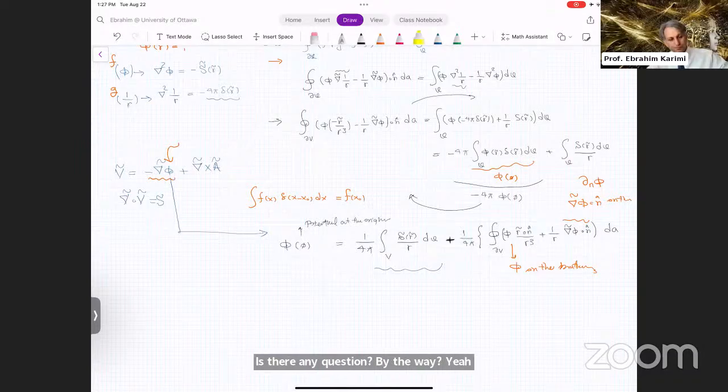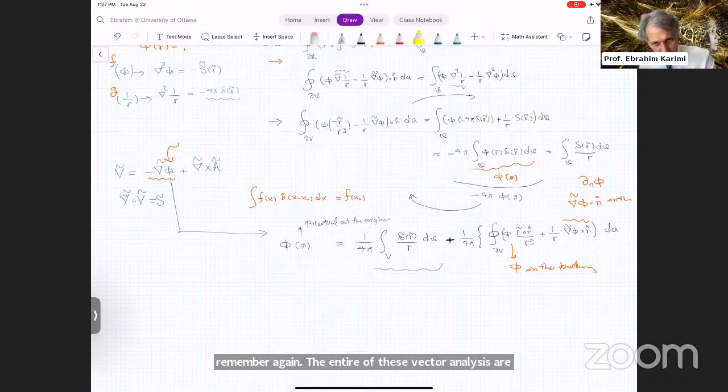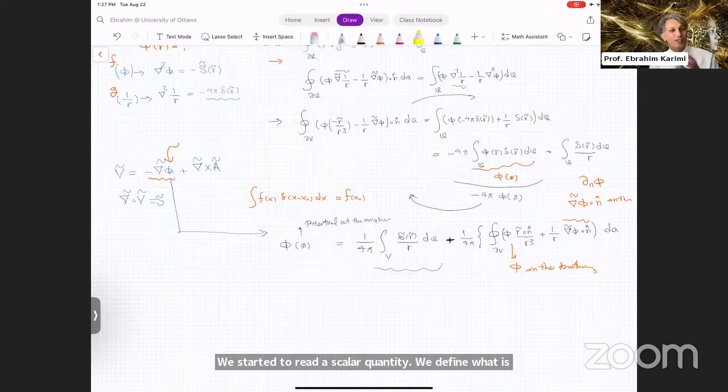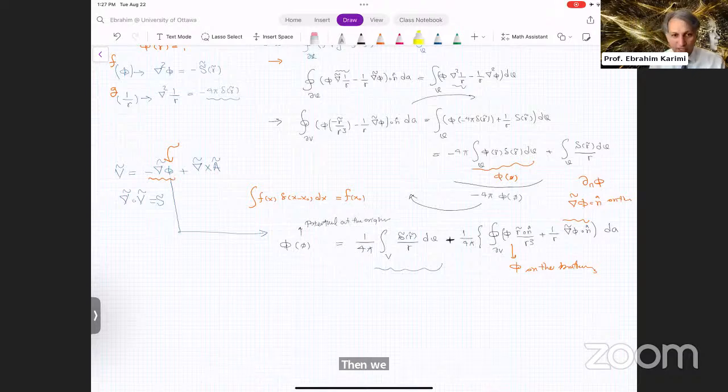Lovely. So now we have completed the vector analysis, and remember again, all of this vector analysis is very, very important for electrodynamics. We started with a scalar quantity, which upon rotation does not change. Then we defined a vector.